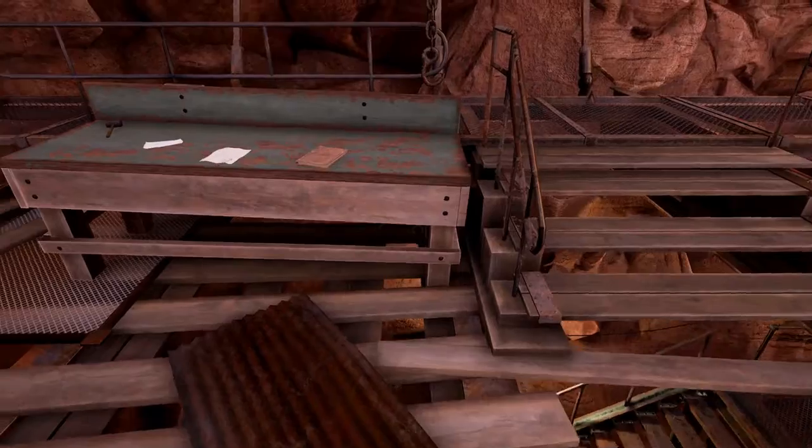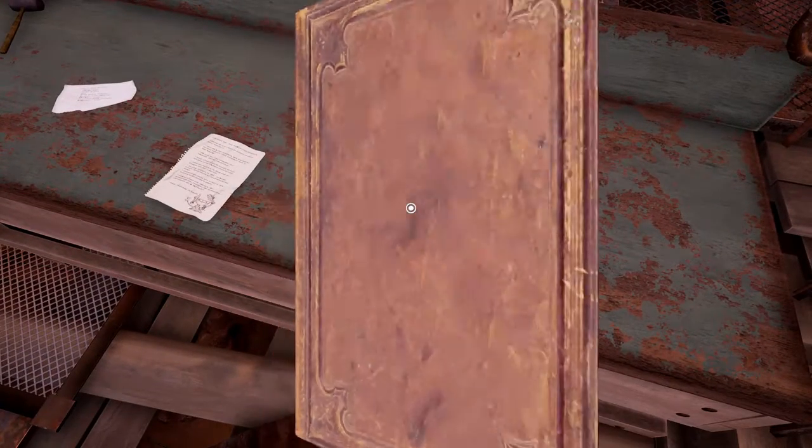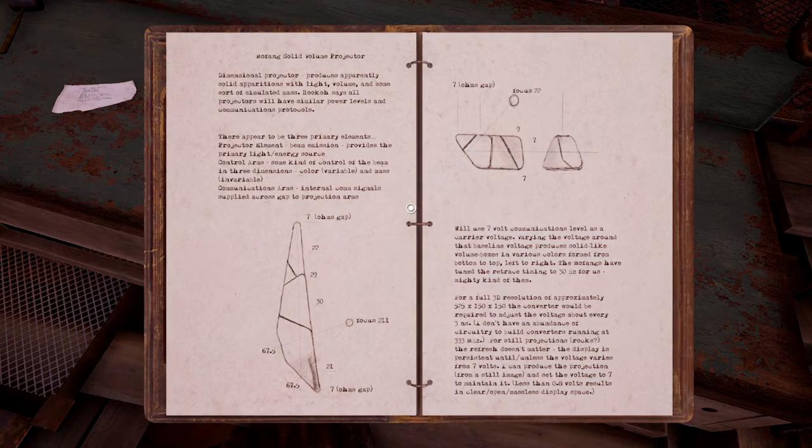Okay. Ew. What's this? A book? Mofang solid volume projector. Okay, so this looks like those things that have the messages. Dimensional projector produces apparently solid apparitions with light volume and some sort of simulated mass.